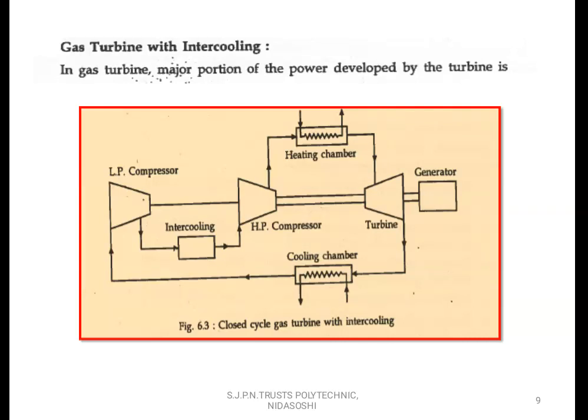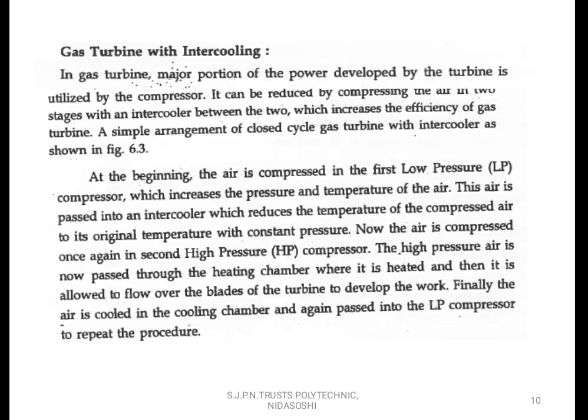If you see the expansion in the gas turbine, a major portion of the power developed by the turbine is used for driving the compressor. Already we know that most of the power developed is used for running the compressor.